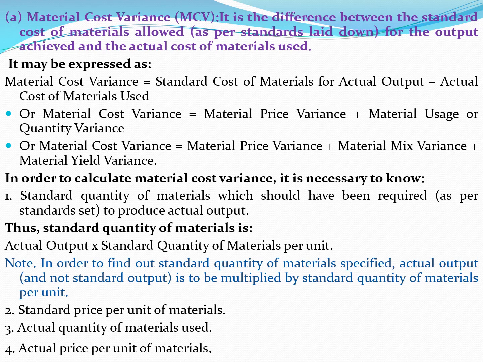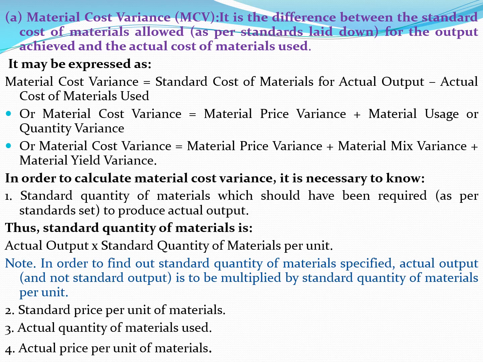So in order to calculate material cost variance, it is necessary to know the standard quantity of materials which should have been required as per the standard sheet to produce actual output. The standard quantity of material is actual output into standard quantity of materials per unit. So it is to be noted that in order to find out standard quantity of materials specified, actual output is to be multiplied by standard quantity of materials per unit.